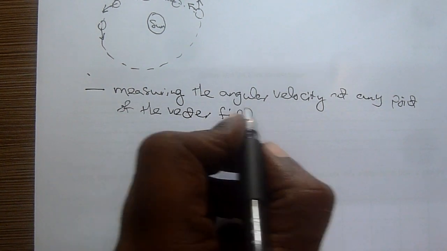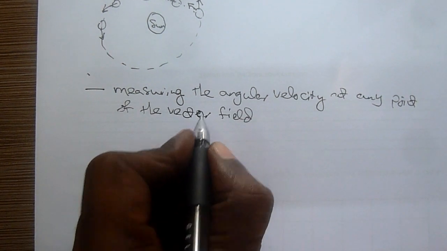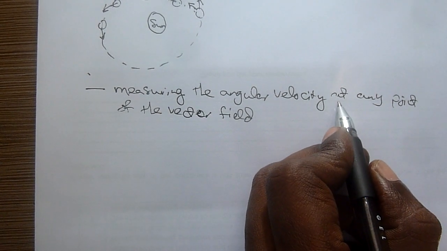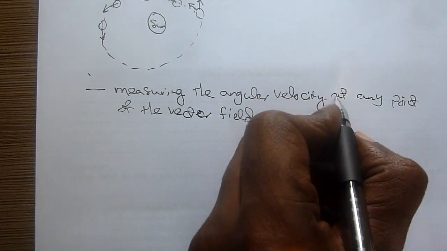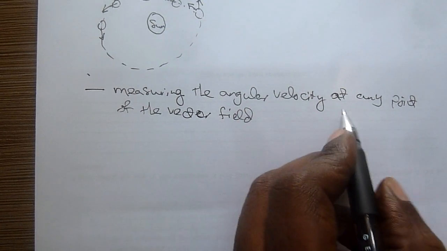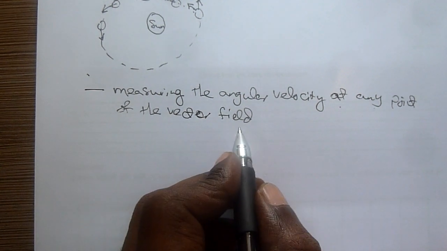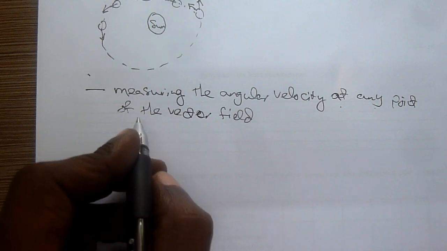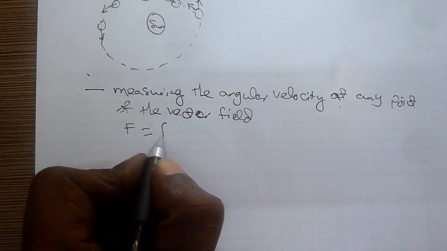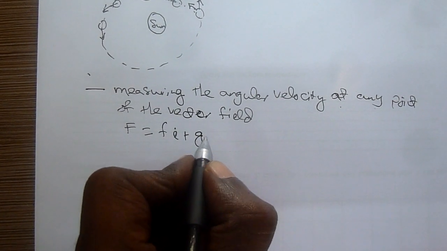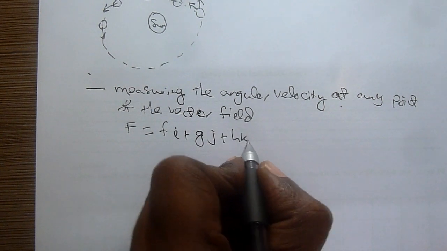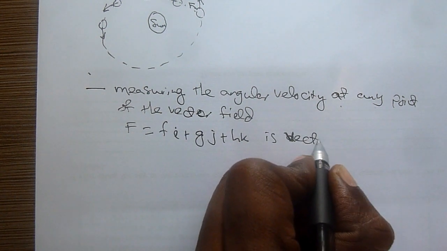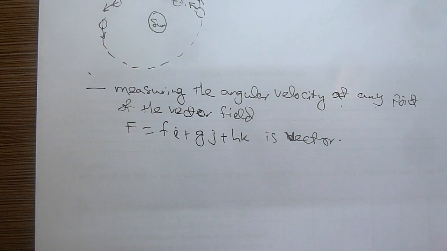This is very useful information. At any point of the vector field, it is able to measure the angular velocity. Therefore F is f i, g j, h k. We call this a vector.